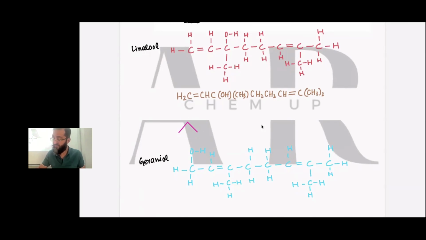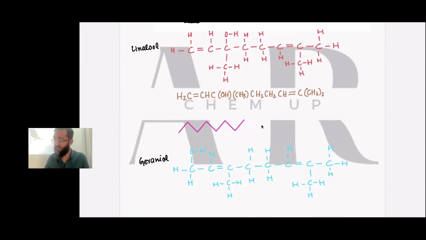We got 3 carbons. 4, 5, 6, 7. So here I got 8 carbons.